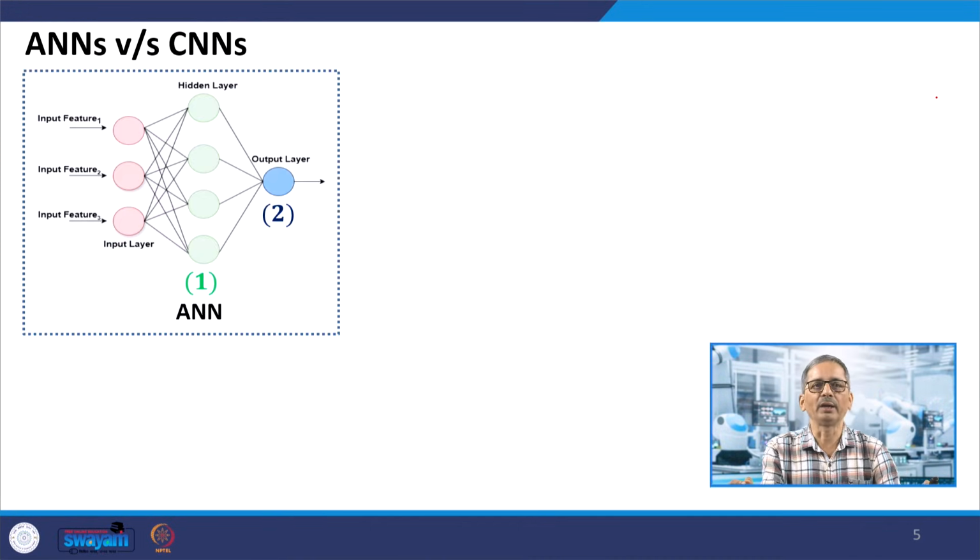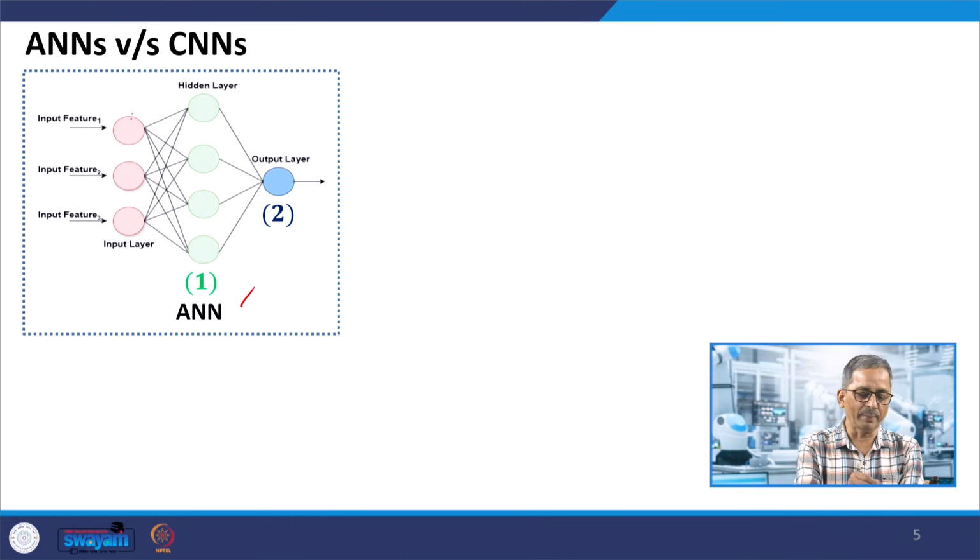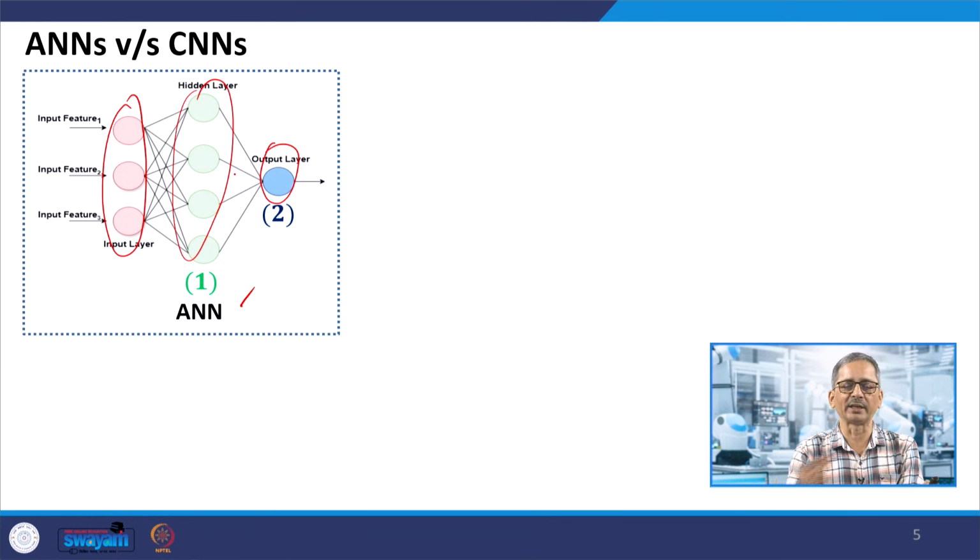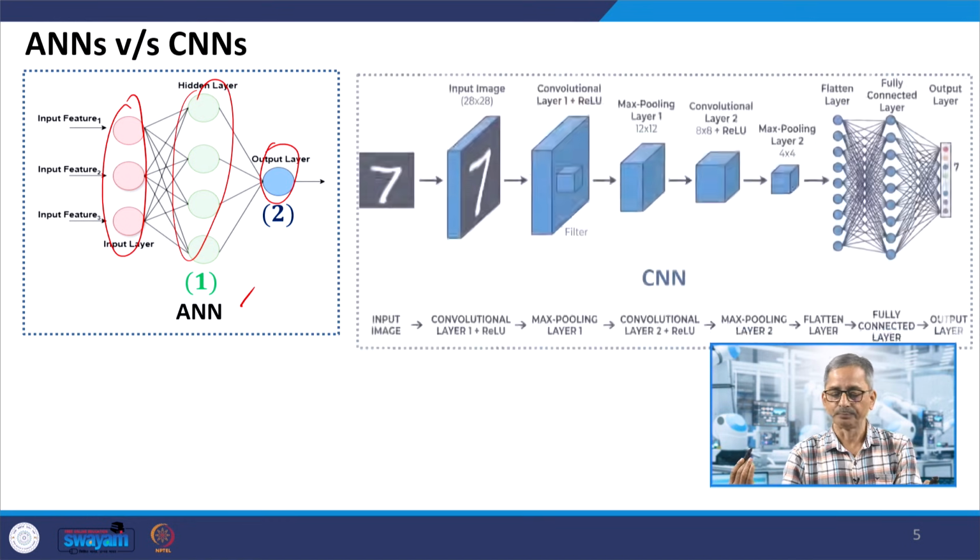If you look at ANN versus CNN, this is how we have seen the ANN: we have the input layer, then the hidden layer and the output layer, the general ANN structure which we have seen in our previous lecture.